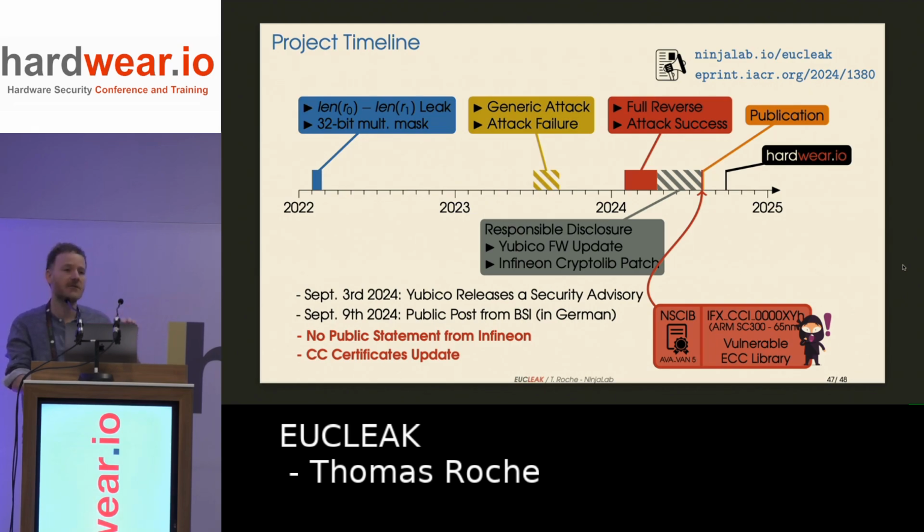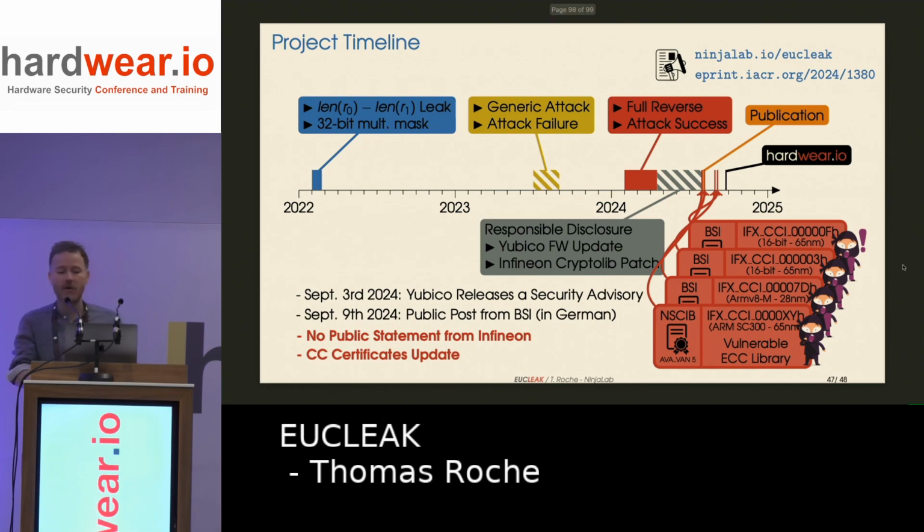So the affected cryptolib version doesn't change. They recertify them as is. What changes is the user guidance of this cryptolib. But the user guidance of the cryptolib is secret, so we have no access to it. We have no way to know exactly which cryptolibs are affected and which are not. To know that, you need to have access to the user guidance.